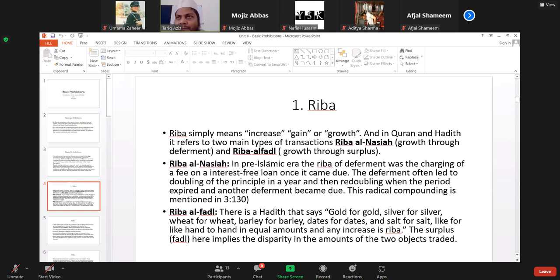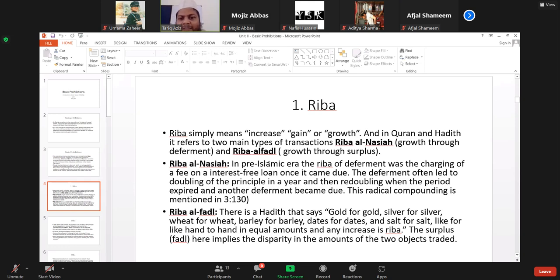If I give you 24 karat gold of 10 gram, you have to give me the same 24 karat gold of 10 gram. There cannot be a difference in the quantity and quality, and it should be exchanged on the spot. So, this is riba al fazl.